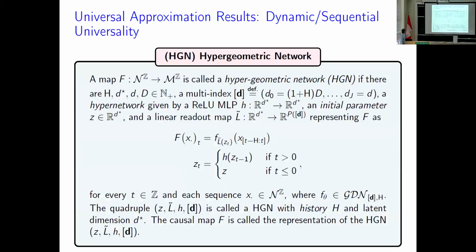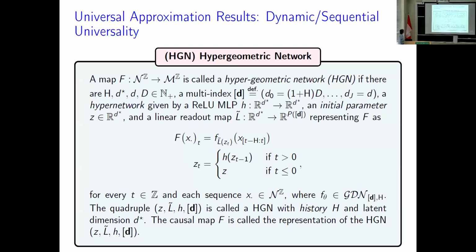So this is the definition. Now we would like to move to a dynamical setting. As I said before, the main trick is to use a hypernetwork to evolve the parameters of our static network at each point in time.